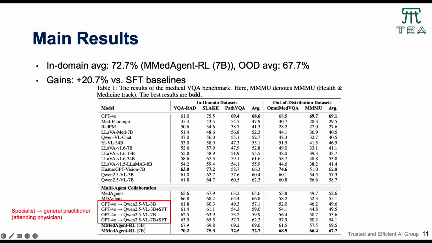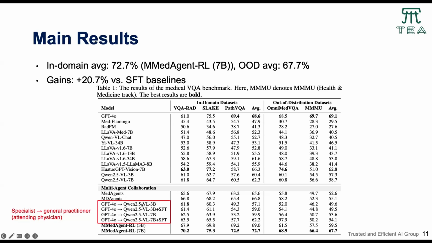And for those multi-agent collaboration baselines, they compare two multi-agent systems and also the combination of GPT and Qwen 2.5 VL. These four baselines don't have the triage doctor, because they assume the previous baseline does not have the step of sending the patient to the corresponding specialist.